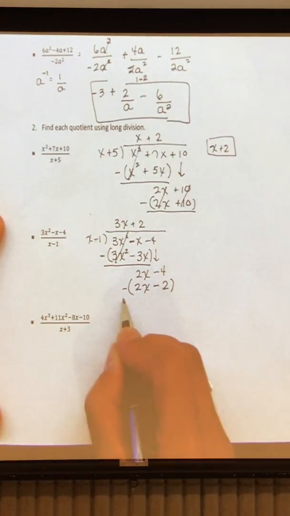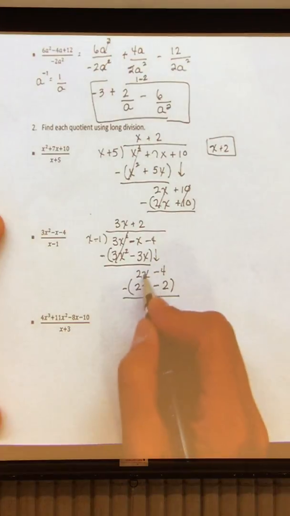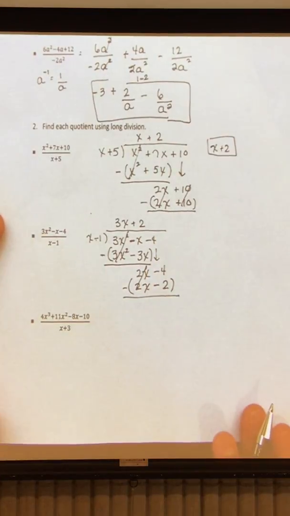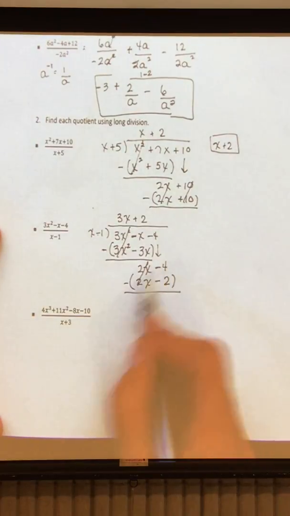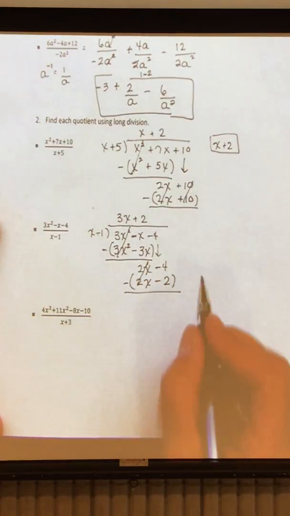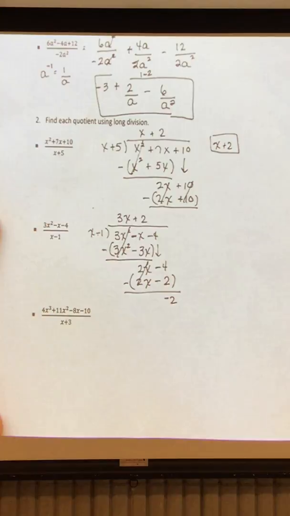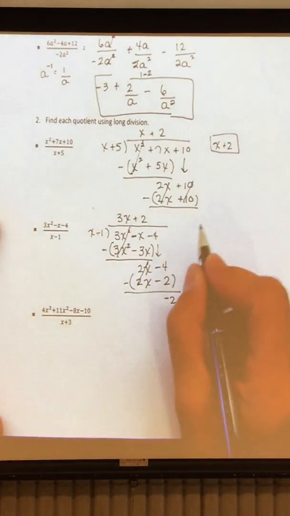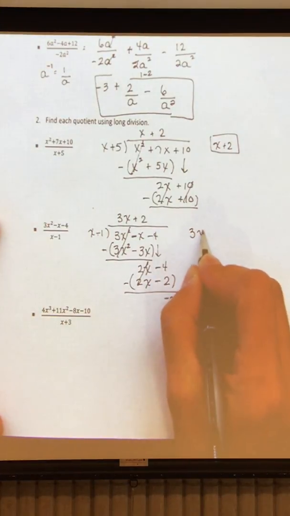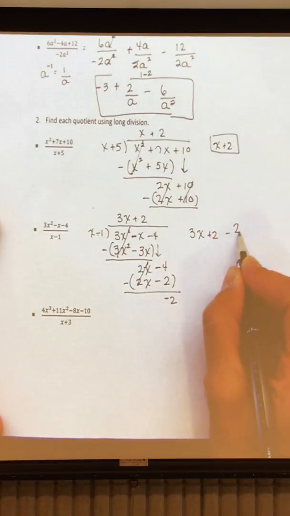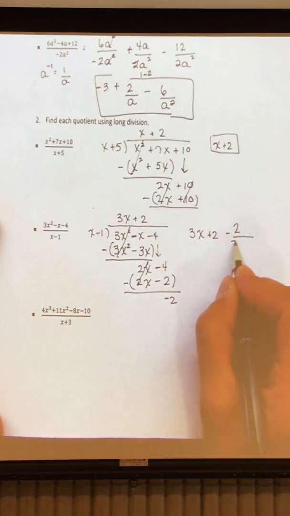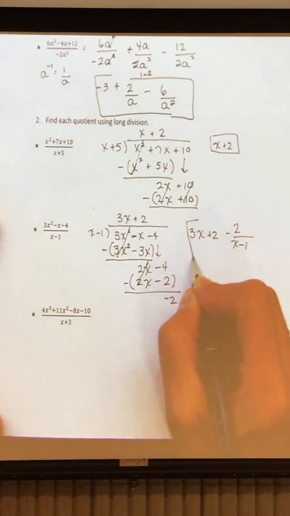And again, we subtract, which cancels the first term, the 2x minus 2x cancels. You have negative 4 plus 2 is negative 2, which is your remainder. And you would write your answer as 3x plus 2 minus 2 over your divisor, which is x minus 1.